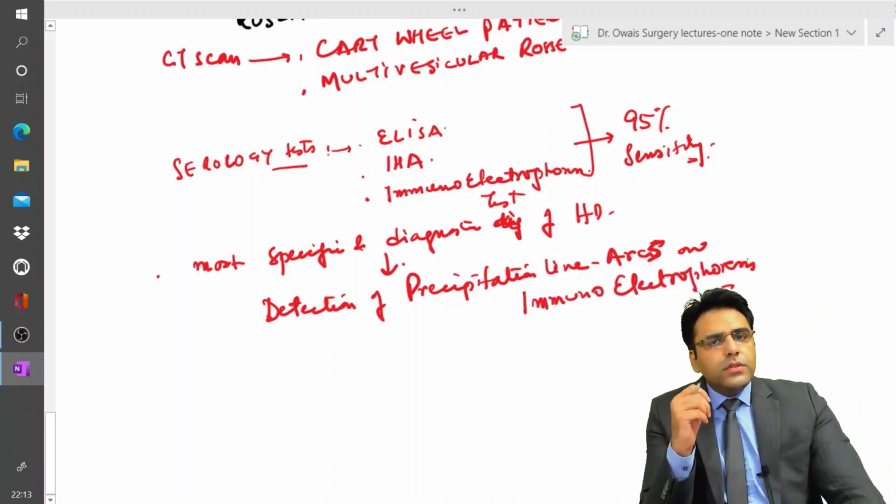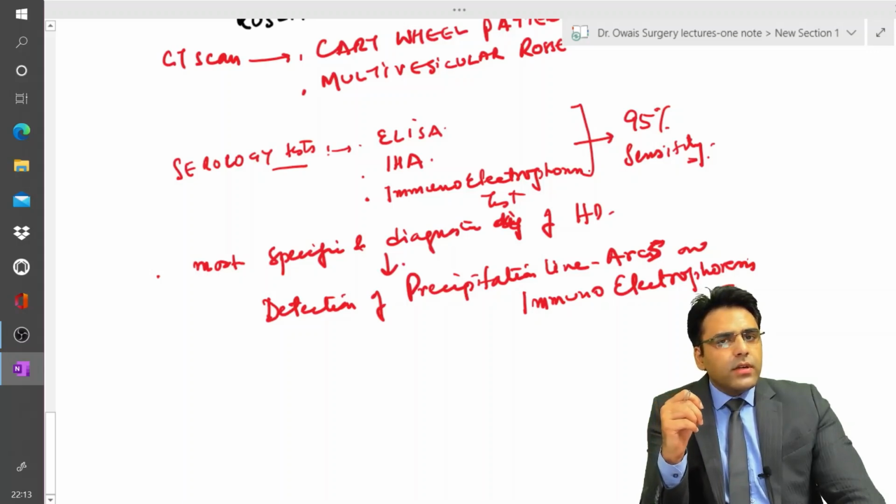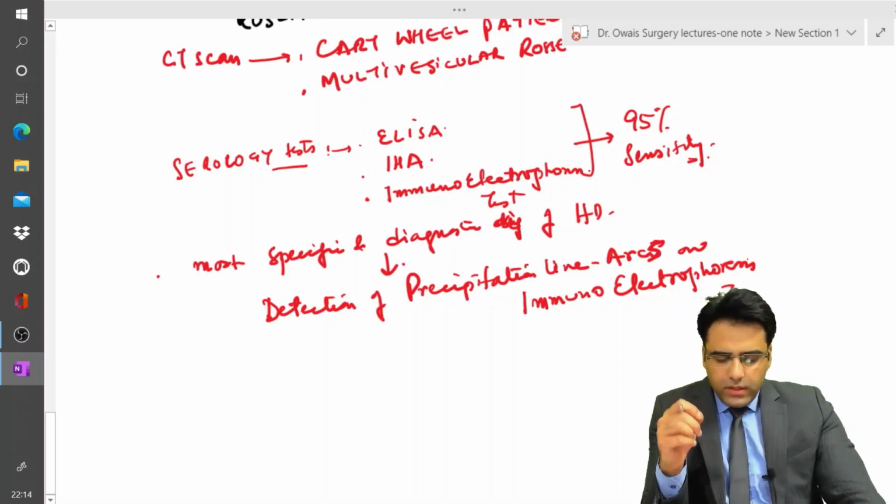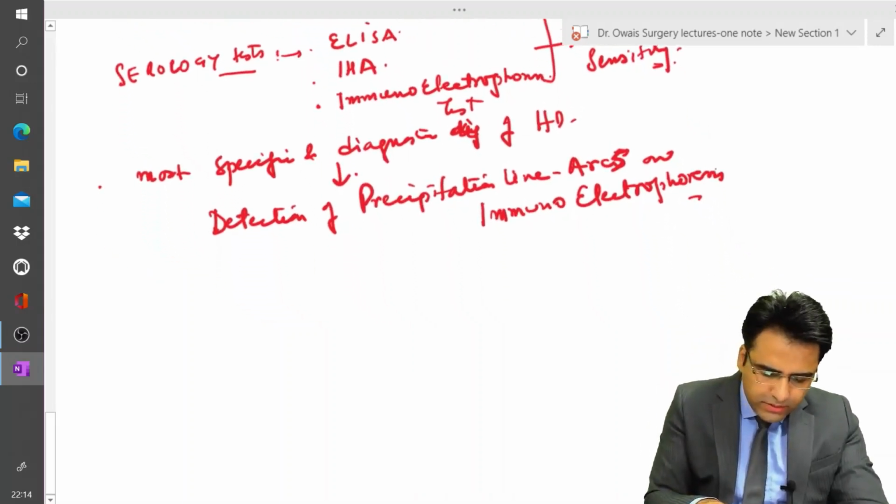So which is the most specific diagnostic test for detection of hydatid disease? It is detection of ARC5 precipitation line on immunoelectrophoresis.